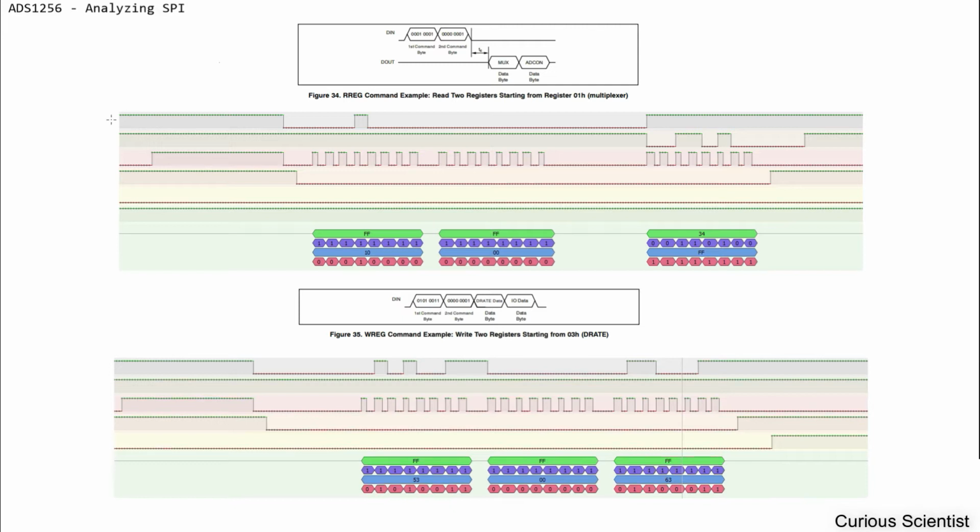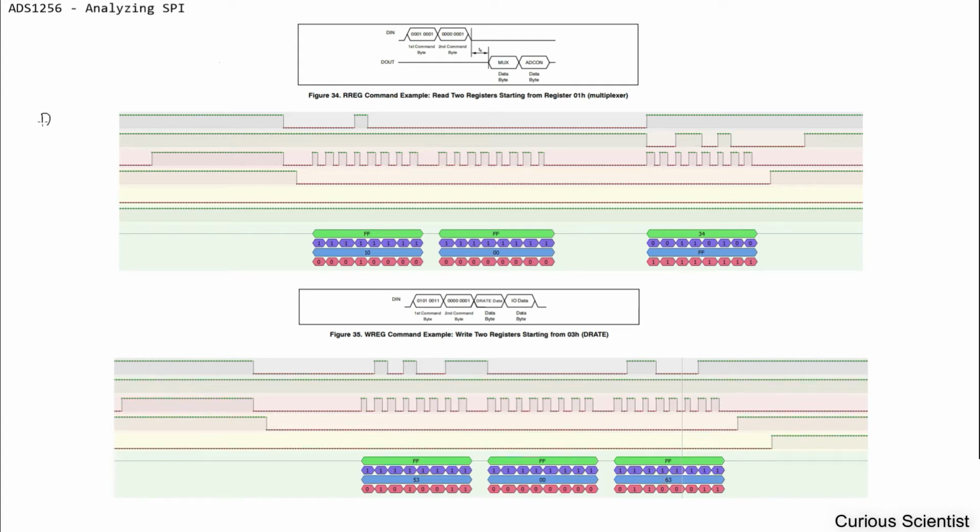You can see that here we have the signals, but what are they in these SPI channels? Let's start with the first one. The first one is the D in, or data in pin on the ADS.